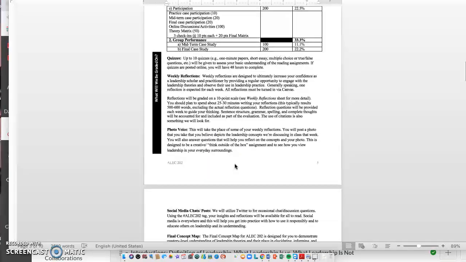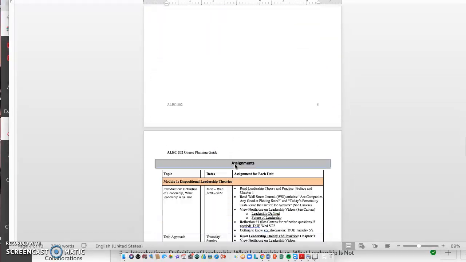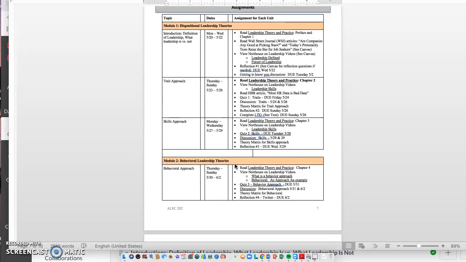So those are described here in the syllabus, and then the schedule is attached here, and you can see this is a fast course, and so we are going to do 2 units per week, or 16 units of theory and leadership. There'll be 1 unit every Monday through Wednesday, and then another one Thursday through Sunday.